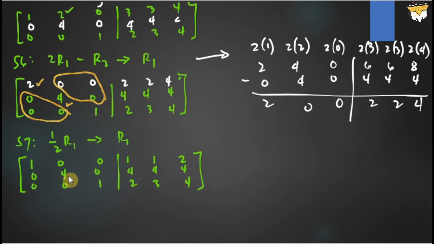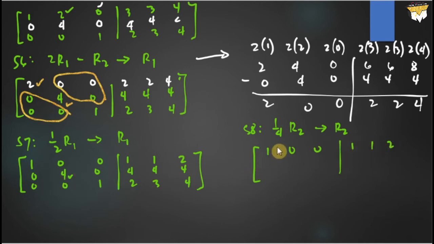Okay, so another problem, ito yung 4. So, step number 8 natin, divide lang natin to by 4 or multiply by 1/4, yung row 2. So, papalitan natin ngayon sa row 2. So, yung row 1 natin, pareho pa rin, 1, 0, 0, then 1, 1, 2.